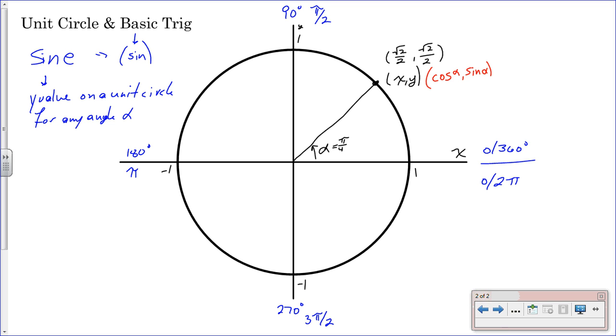Now, your cosine. Okay, on the calculator, it's spelled COS. I want you to say cosine, not cos. All right, and this is the x value on a unit circle for any angle alpha.